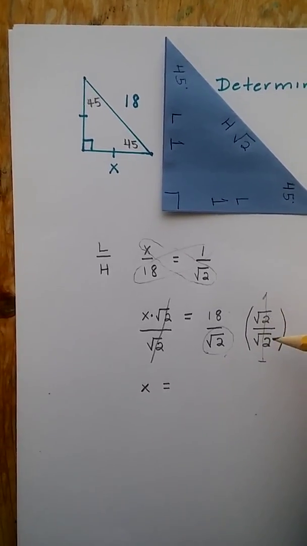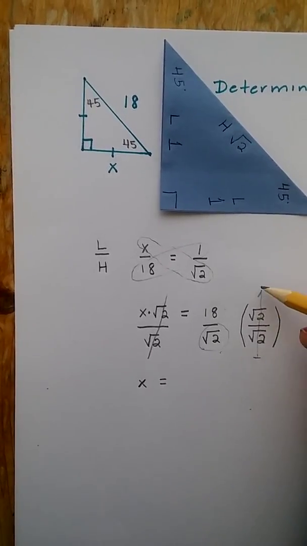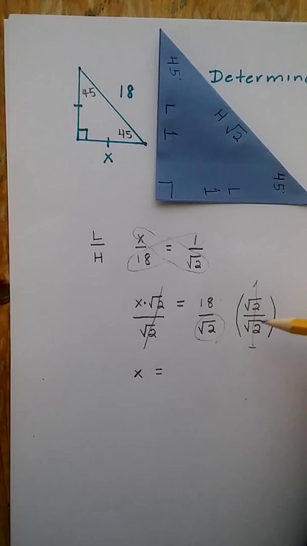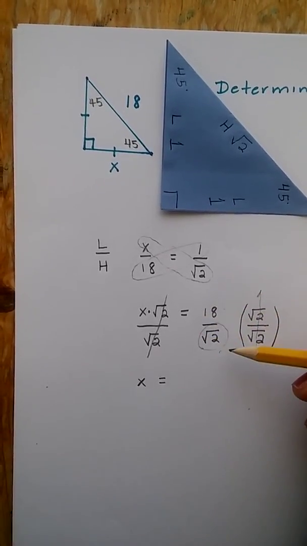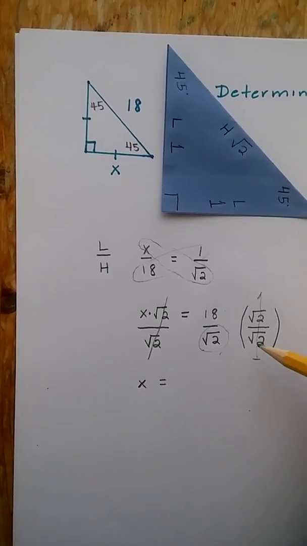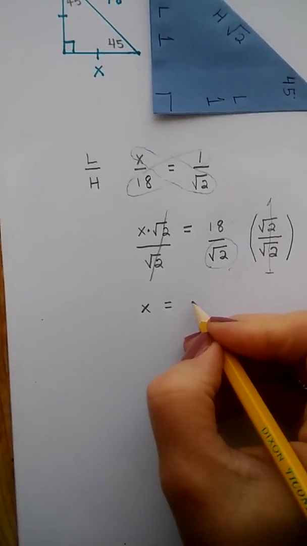Remember, when you have the same number on the top and the bottom, numerator and denominator, it is the number 1. And when you multiply by the number 1, my original fraction won't change. Now this is pretty messy, so what I'm going to do is just rewrite down here so we can see this a little bit more clearly.